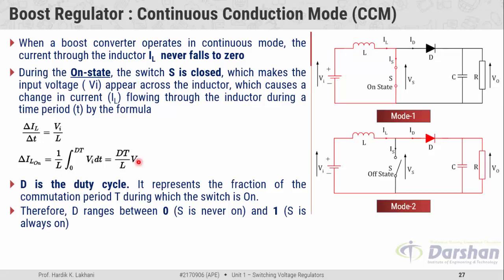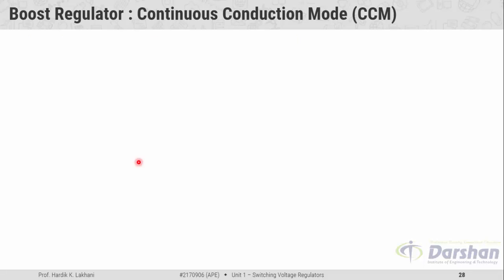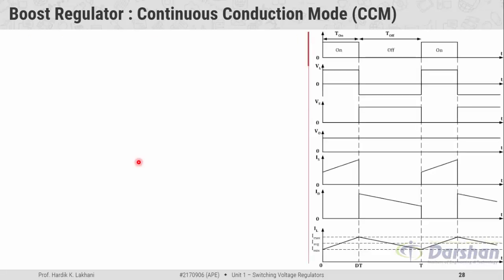The value of duty cycle is equal to 0 when the switch is never on, and D is equal to 1 when the switch is always on throughout the total time of the cycle.